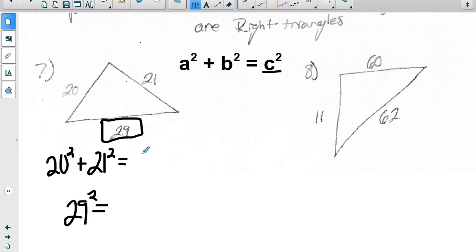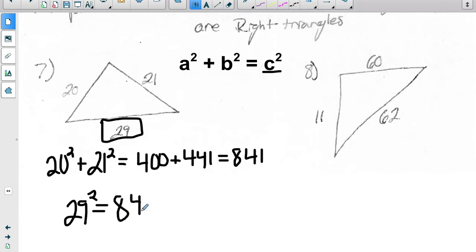Now at this point, you can plug everything into the calculator. 20 squared is going to be 400 plus 21 squared, which will give us 441, and if we add these two together, we would get 841. Now we need to also do 29 squared, and if we do 29 squared, we get 841.